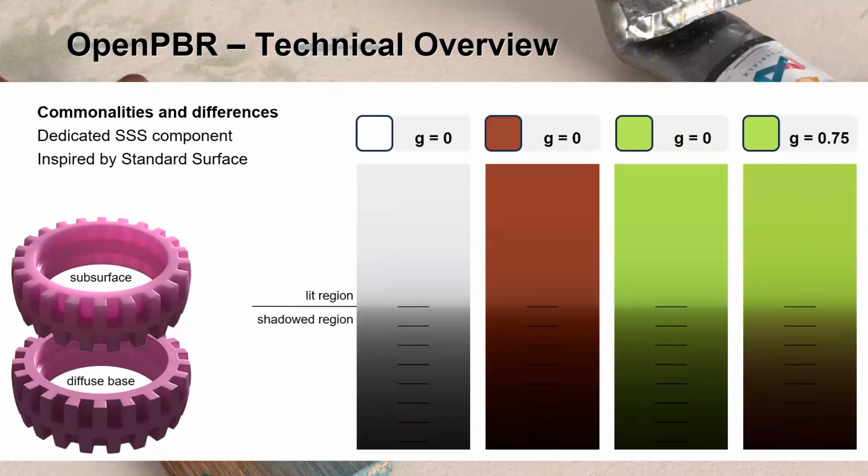And the scatter radius now controls the average distance that light travels along the surface after multiple scattering. So the overall subsurface effect looks similar regardless of the color. The rightmost material has forward scattering, and we have formulated anisotropy in such a way that it does not affect the overall color or scale of the subsurface effect, while still giving the edge softening and directional effect that you would expect.